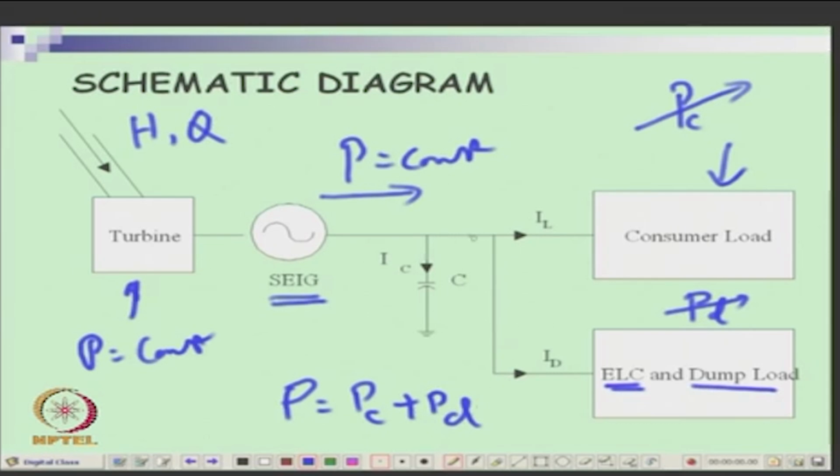You should always try to maintain the voltage constant here, whatever may be the consumer load; the dump load should take care. Supposing this is 10 kilowatt, if the consumer wants 3 kilowatt, what should it dump? 7 kilowatt. If the consumer wants all the 7 kilowatt, the dump load should take no power, isn't it? So, this is the main electronic controller where the work is to be done.